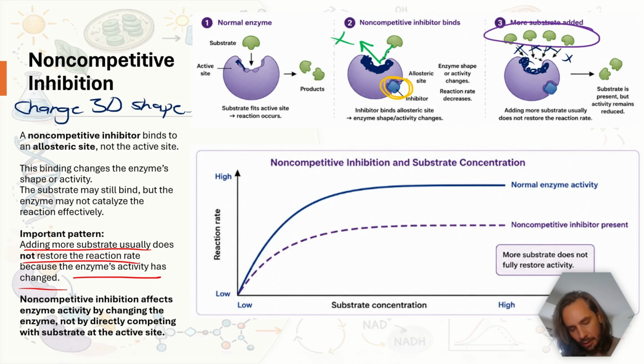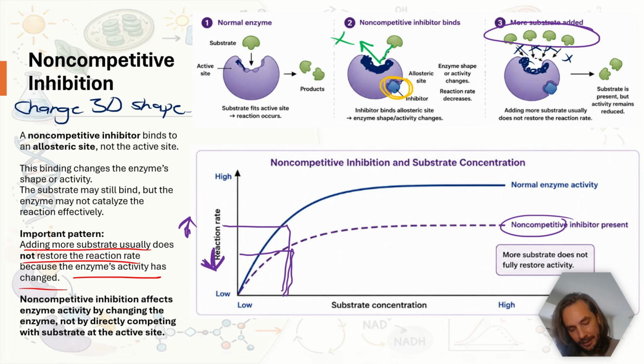So here let's do the normal enzyme first. The reaction rate will be very high. And at the same concentration, the reaction rate will be very low for non-competitive inhibitors.